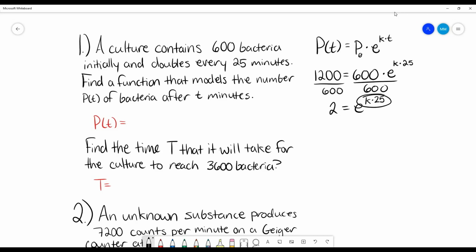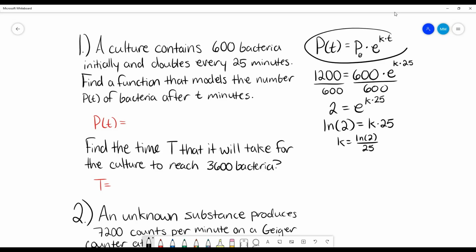To get this down here on its own, I'm going to undo the exponential with a natural log. I take the natural log of both sides, and it turns into the natural log of 2 equals k times 25. So our rate, k, equals the natural log of 2 divided by 25, because I just divided to cancel that out. Now that I know k, I can plug that back into this equation.